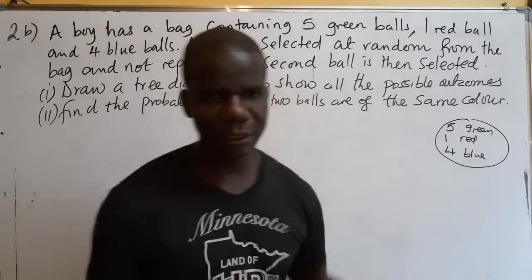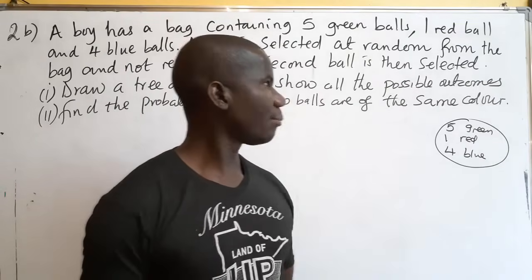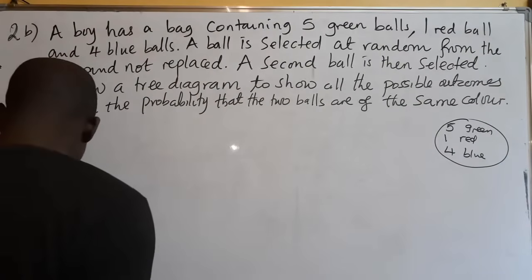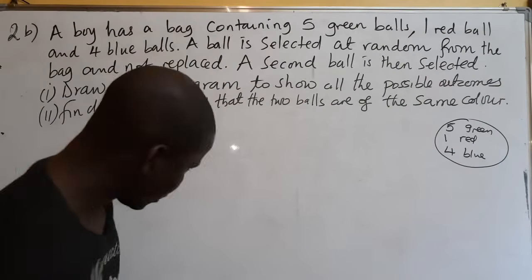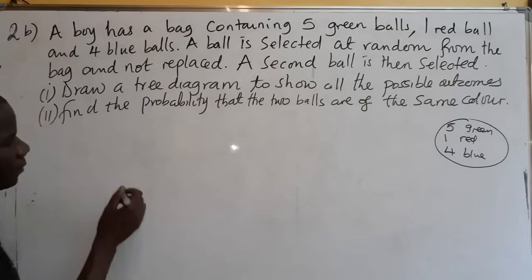One ball is selected at random and it's not replaced, and the second ball is also selected. We need to draw a tree diagram that shows the possible outcomes.